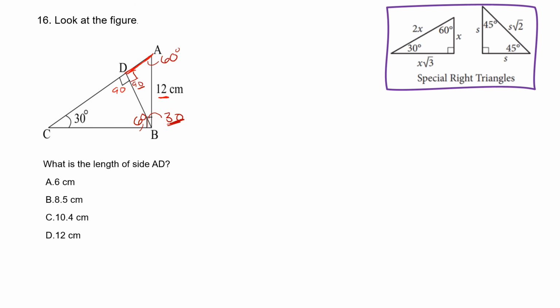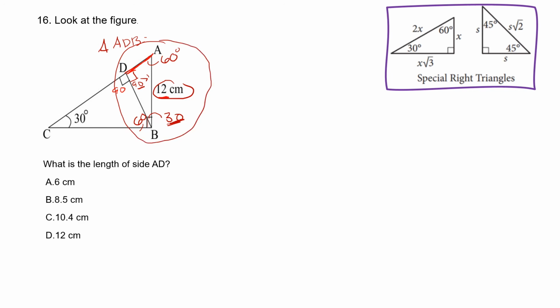So I have 12 here. In reference to the smaller triangle ADB, the side AB would be the hypotenuse, right? Because it is opposite the right angle. So in this small triangle here, I'm just looking at this triangle.